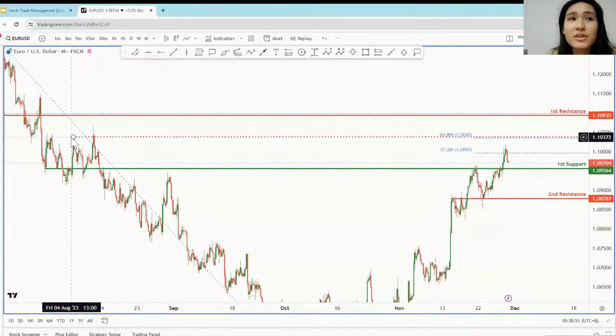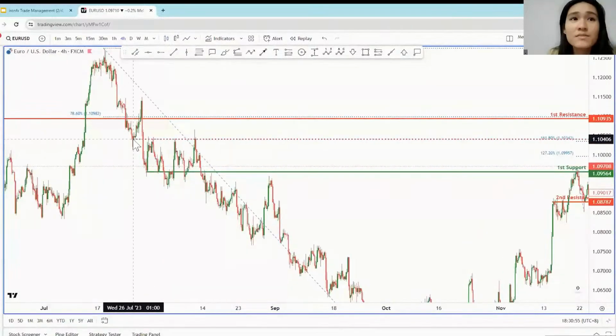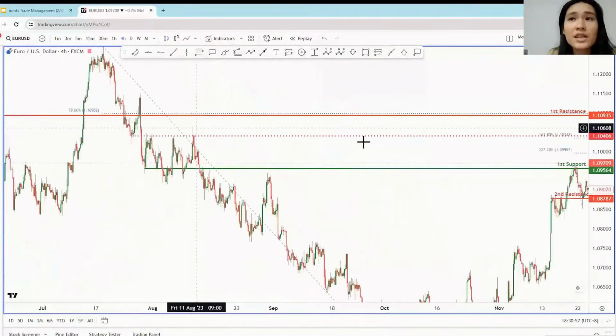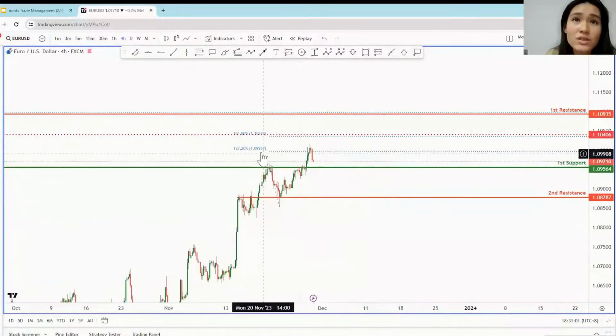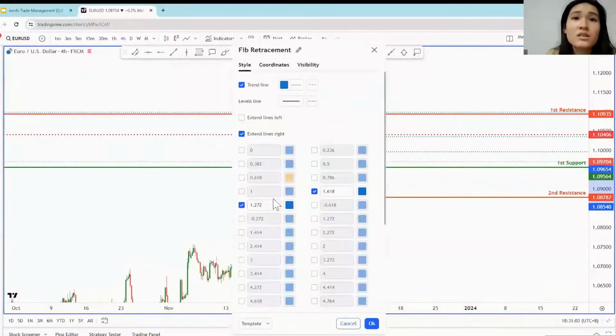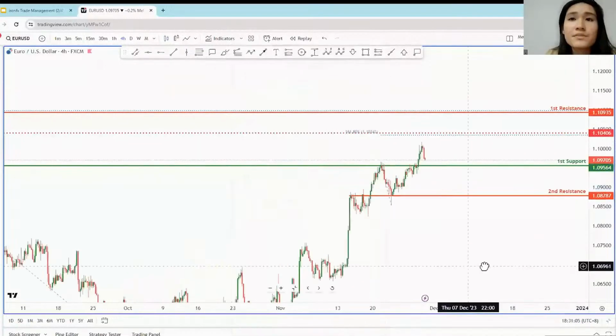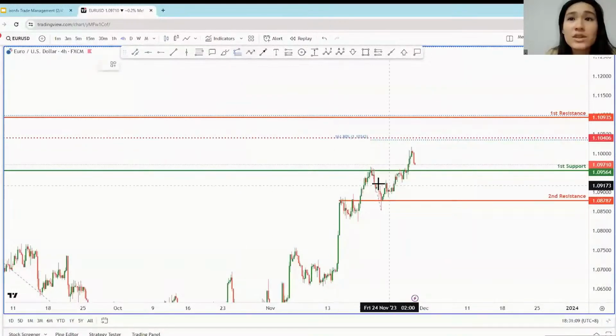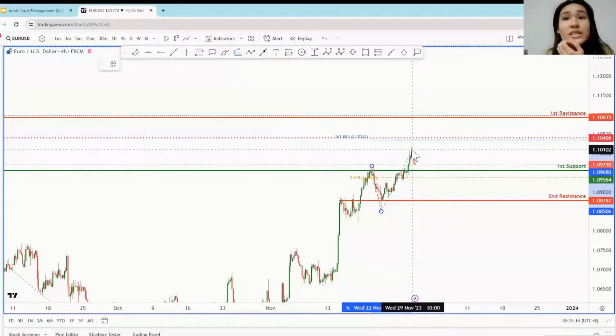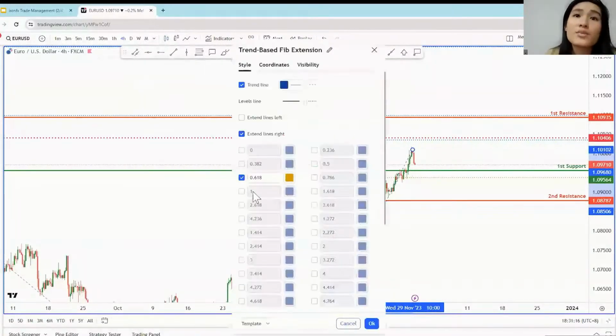I'm actually gonna move our intermediate level to these three swing highs here, in line with the 161.8, because price has already broken the 127.2 as you see here. So you can see the first support and resistance placement is purely graphical. We go in and adjust it later on.